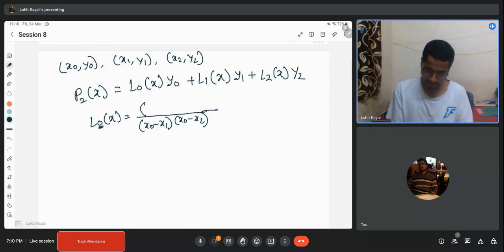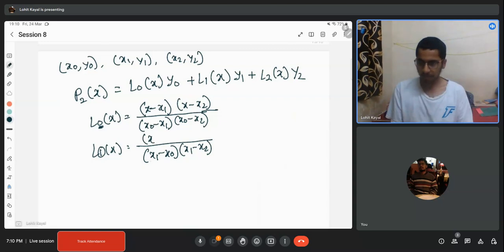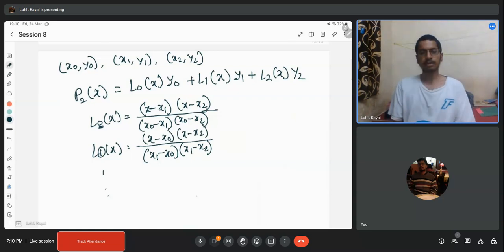And in the numerator, replace x0 by x: (x minus x1)(x minus x2). Similarly, L1 of x: here it is 1, so in the denominator it will be (x1 minus x0)(x1 minus x2). In place of x1, replace x. It will be (x minus x0)(x minus x2), and similarly you need to write L2 as well.